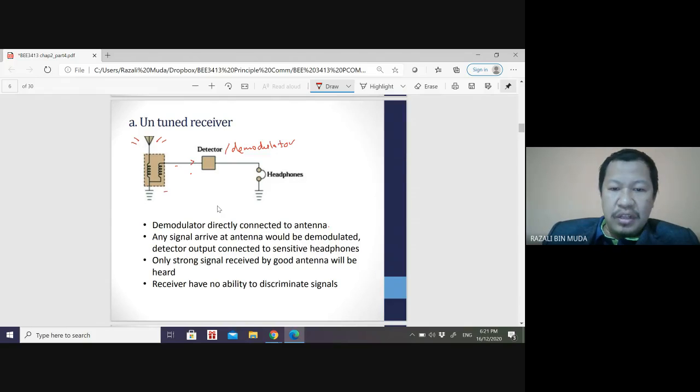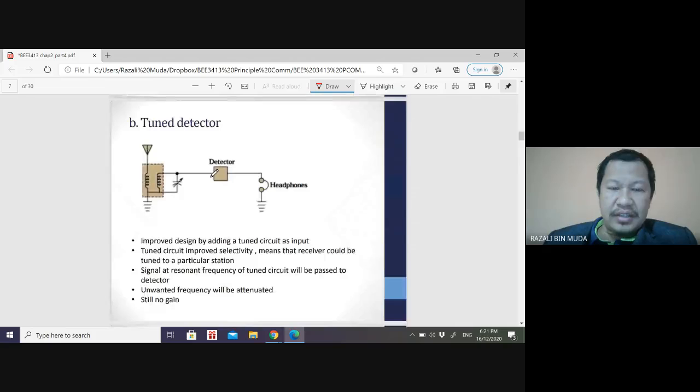Detector output is connected to sensitive headphones. Only a strong signal received by a good antenna will be heard. The receiver has no ability to discriminate signals. There is no discrimination, no filter, nothing. All the signals received will be connected to the detector.